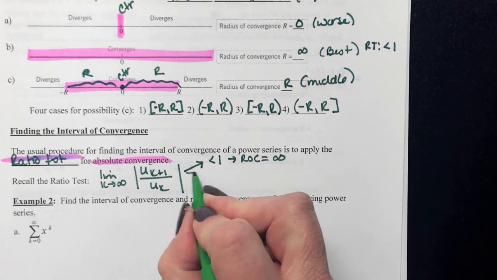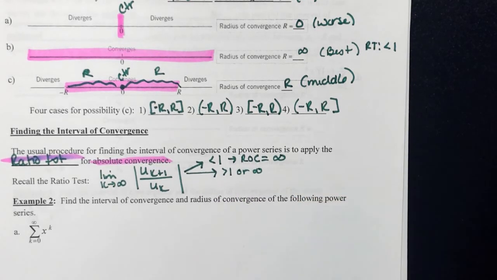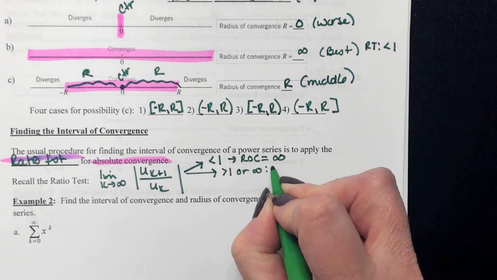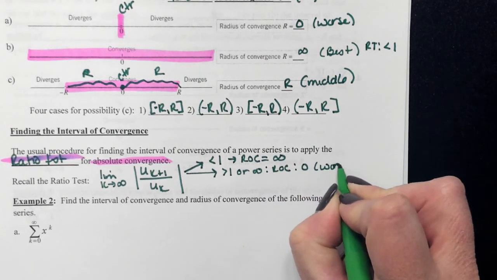If you do your ratio test and it's greater than 1 or infinity as your limit, then we know we have divergence. So what's happening is we'll actually have a radius of convergence of 0. We have your worst case scenario.